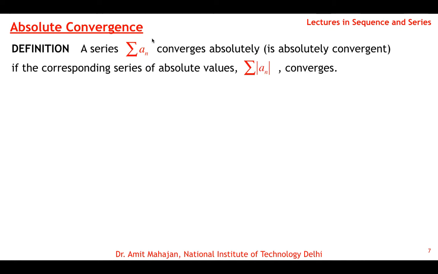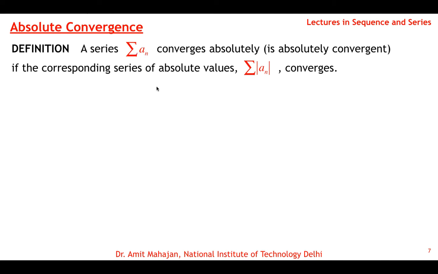So if we take the modulus of all the terms, that means if we construct a corresponding series of non-negative terms, then if that series converges, then the original series, which contains positive as well as negative terms, is also convergent, and we say it is absolutely convergent.